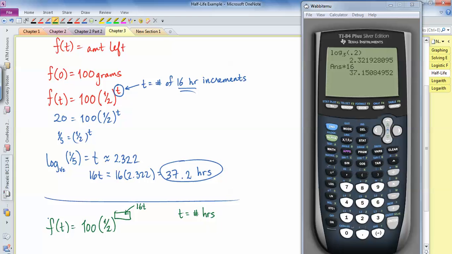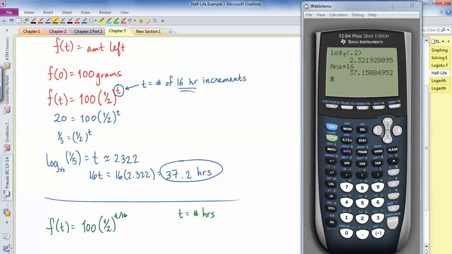If I plugged in 1 right there, that means after 1 hour, I've cut the 100 in half 16 times, right? That's not what you want. You want that when you plug in 16, you've only cut it in half once. So instead, you do t over 16 right there. That's how you avoid that issue. Now I'm cutting it in half once every 16 hours.